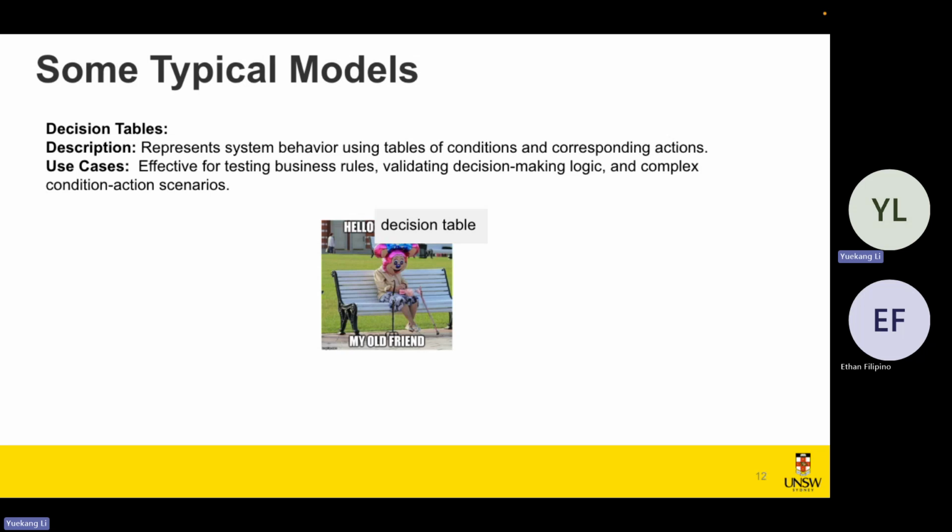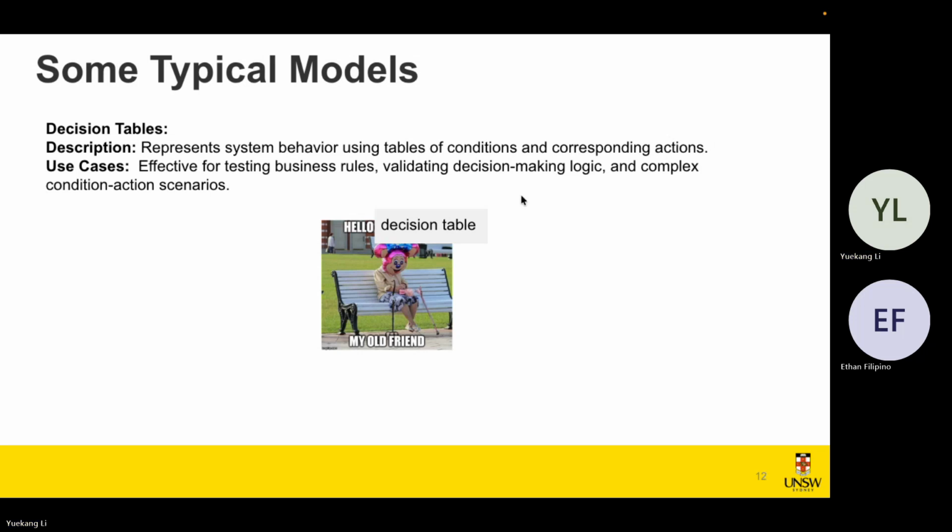So decision table is actually used to capture the behaviors of the system, and it is used to reflect the correspondence or relationships among the conditions and actions, right?